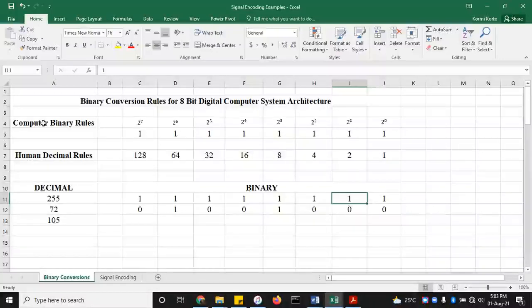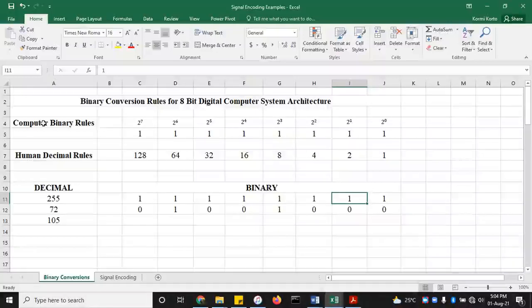Since in computing we start every calculation from 0, the other rule is that you start every computation from 0. Since you have the binary 0 and 1, obviously 0 counts as a value. So when it comes to an 8-bit sequence, it's going to be from 0 to 7.